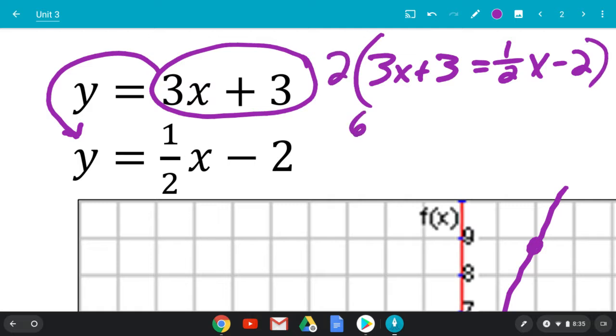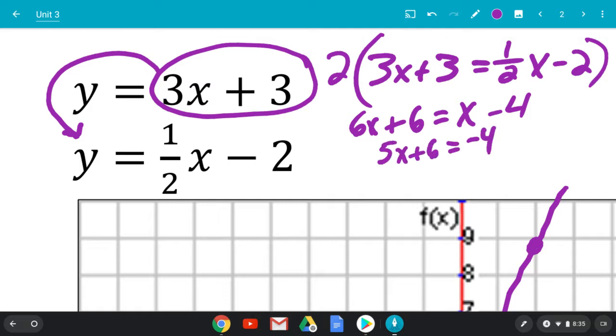So I now have 6x plus 6 equals x minus 4. Subtract x from both sides. 5x plus 6 equals negative 4. Now what? Subtract 6 from both sides. 5x equals negative 10. Divide by 5. x equals negative 2.